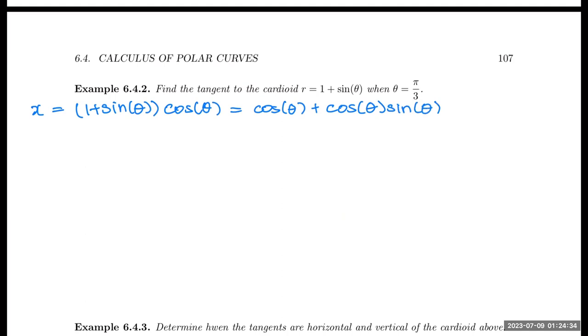Now, if we find the value at this point, x at pi over 3 is going to be cos at pi over 3, which is 1/2, plus 1/2 times root 3 divided by 2. So that's going to be 1/2 plus root 3 divided by 4.